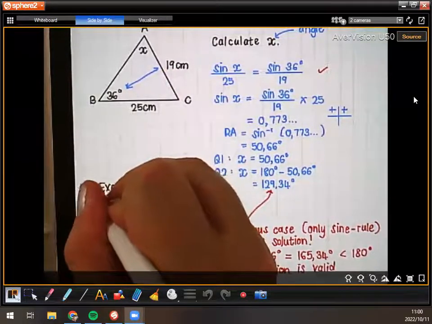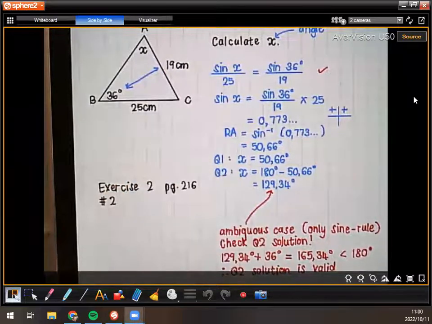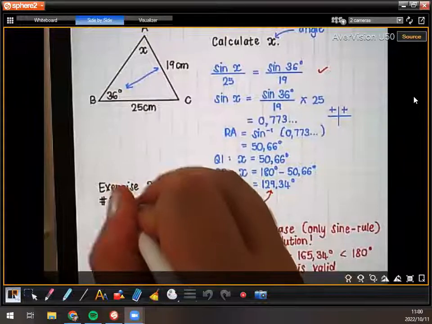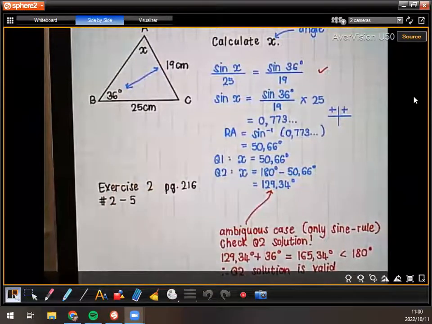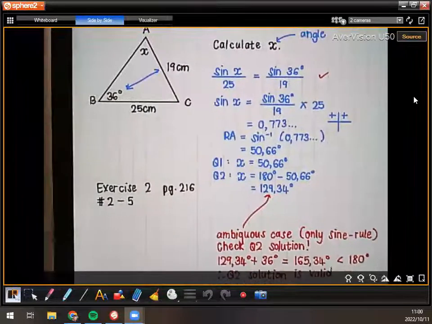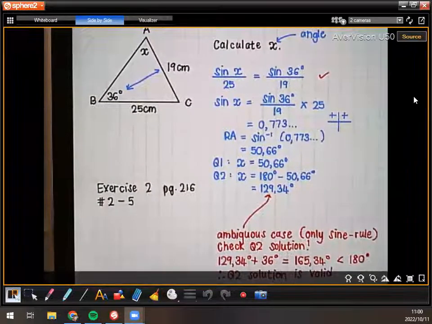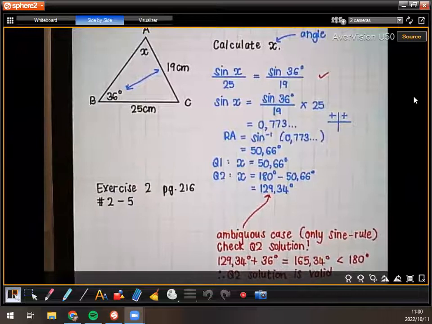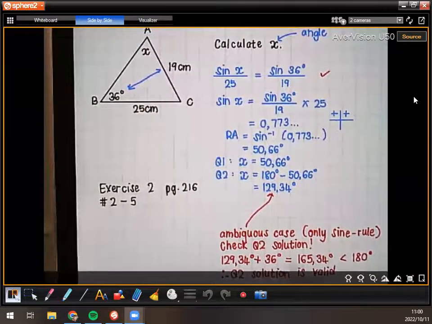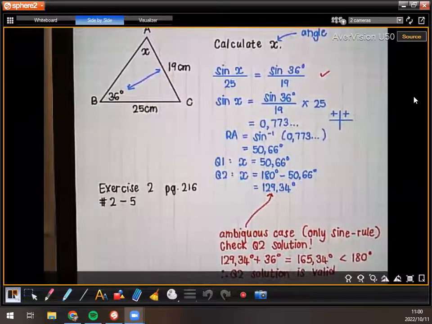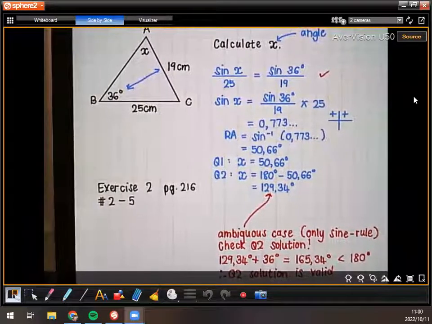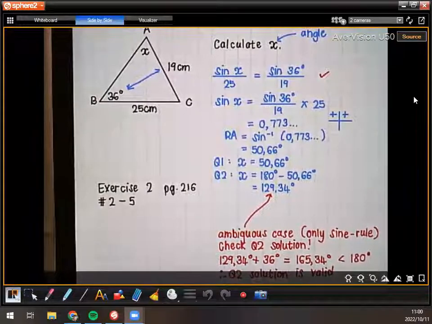Okay, we've done number 1 together. You don't have to redraw the triangles, you can just do the calculation, so it won't take too long, I don't think. So those are the ones that you need to do. I can put 2, 3, and 4 on the board, but then unfortunately number 5 is on the next page. Just quickly write that down.